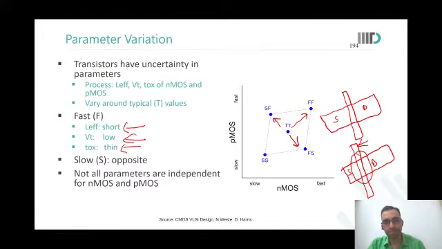Sir, can you revisit the concept where the VT is dependent upon the doping? How was VT changing? Okay, so if the doping is more, let us say, what happens?